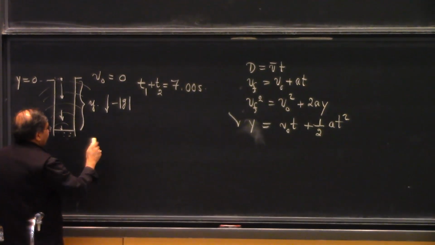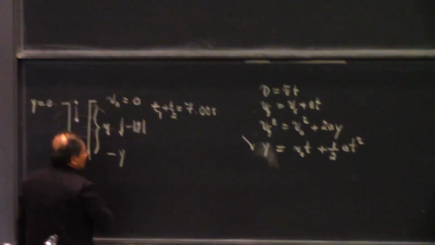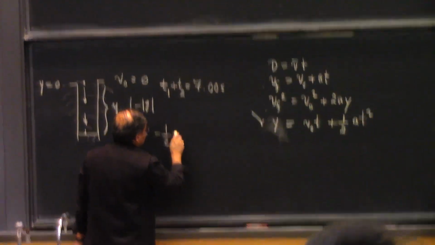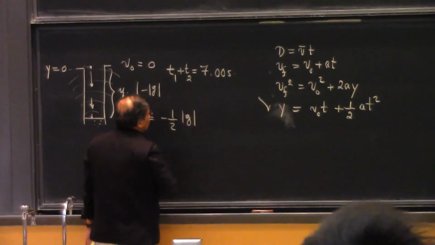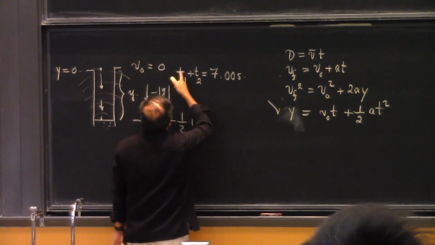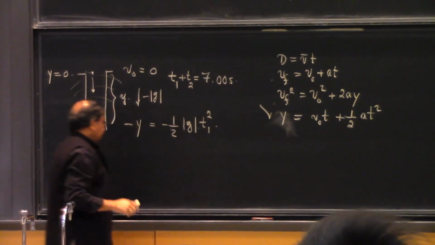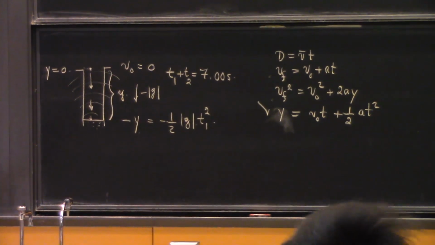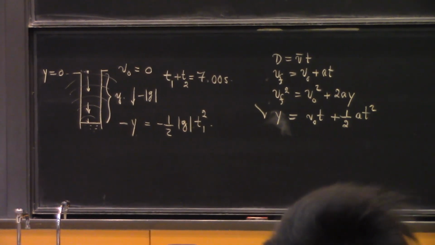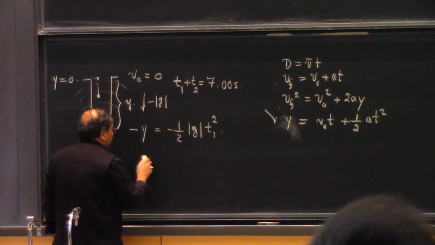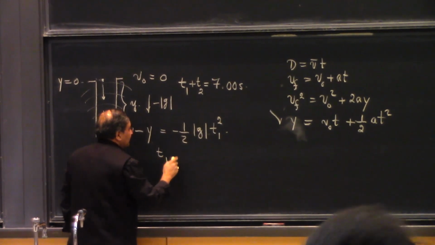So what we can then say is minus y is minus 1/2 g, and then the first time, the time to fall, is t1, so g t1 squared.